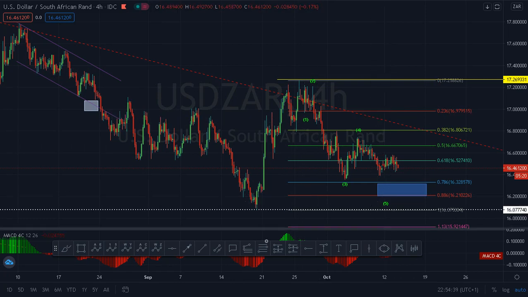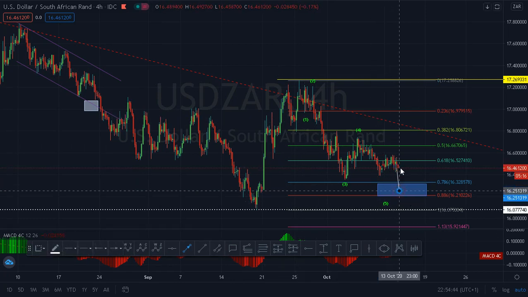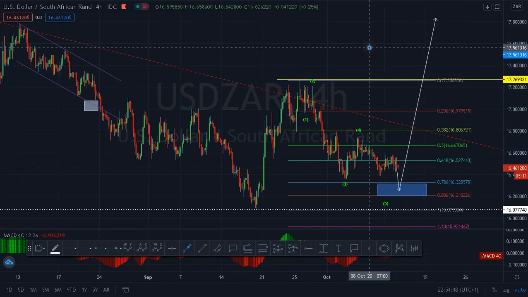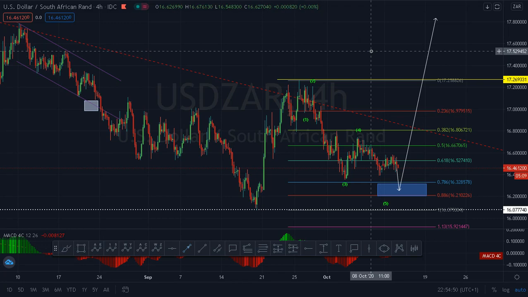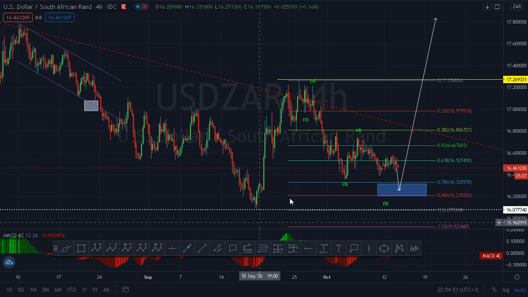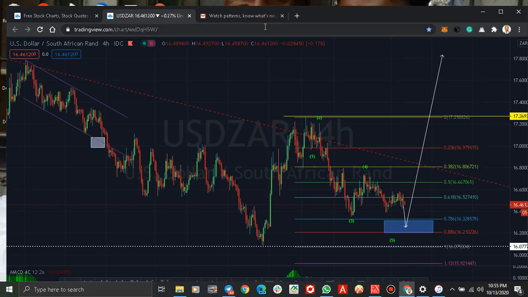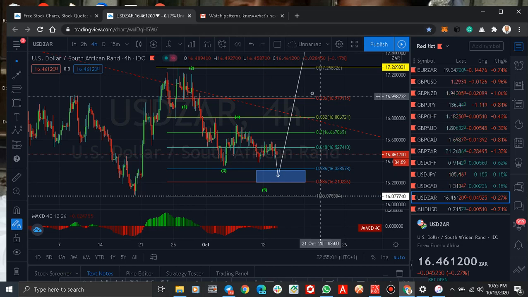So if we get a buy setup around this area, we have to buy till this area. So it will be good. I will be watching what happens on USD ZAR. I don't want to go to the 1 hour. We don't have anything to do on the 1 hour chart.